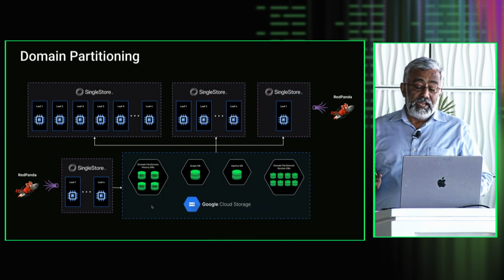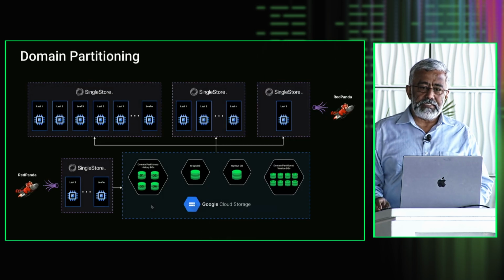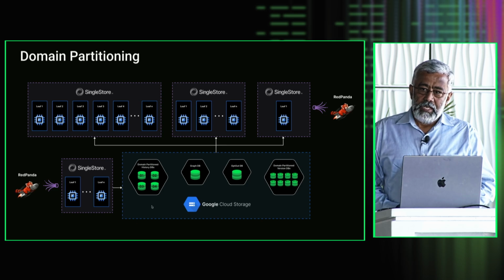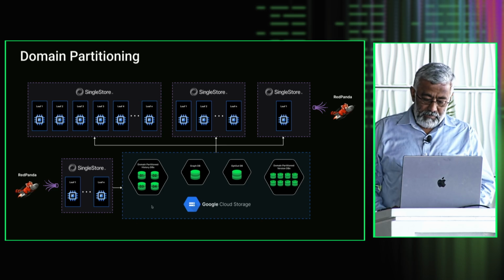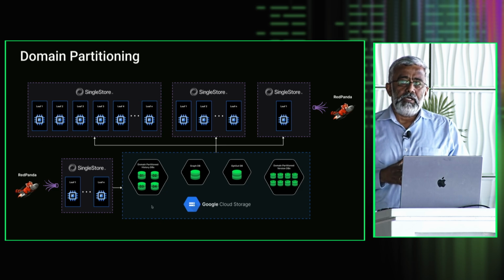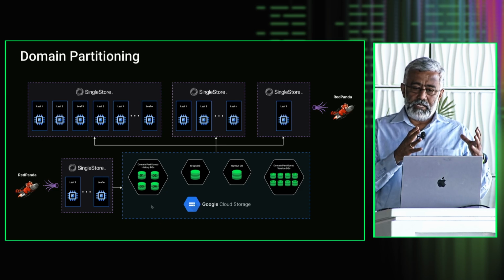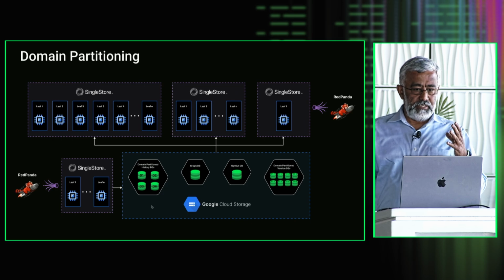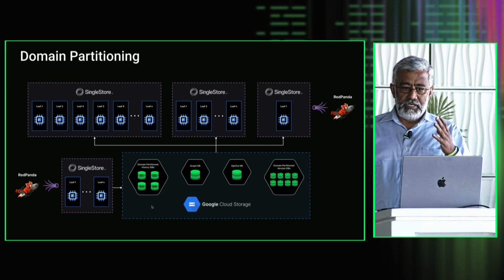So, okay, how did we solve it? We have SingleStore as a database, and on this slide I'm going to spend some time. This is the main content, I think, in a way, right? You may know SingleStore as an in-memory database, as a transactional DB, and as a high-speed database, right?